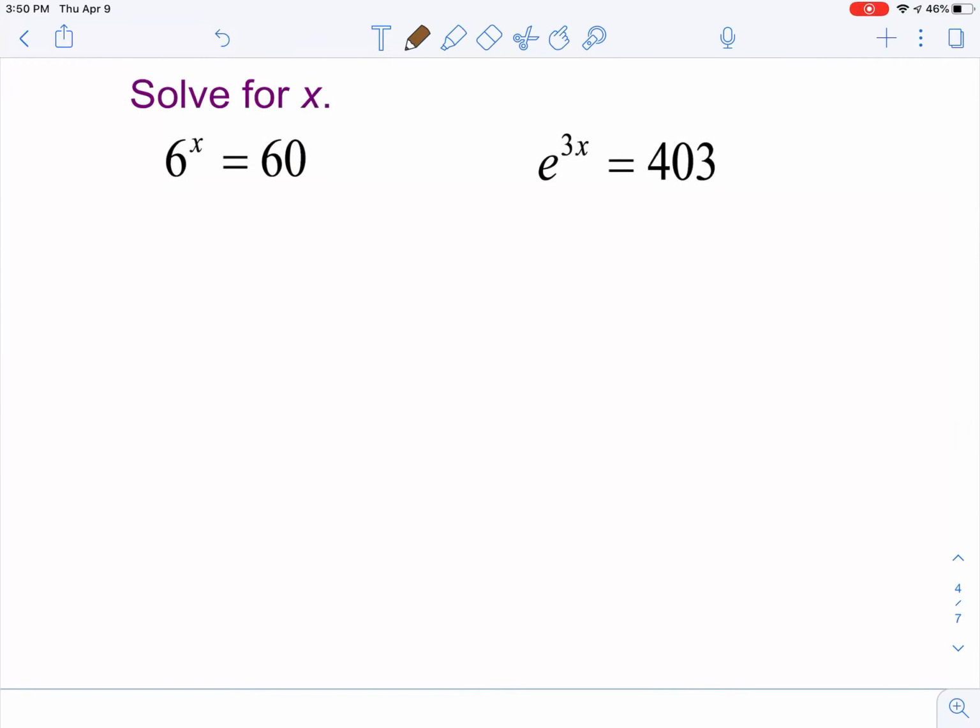All right. Oh no, what do we do here? Can I make 6 and 60 have the same base? No, because 6 to the first is 6, 6 to the second is 36, 6 to the third is not 60. So we are going to change to a log.